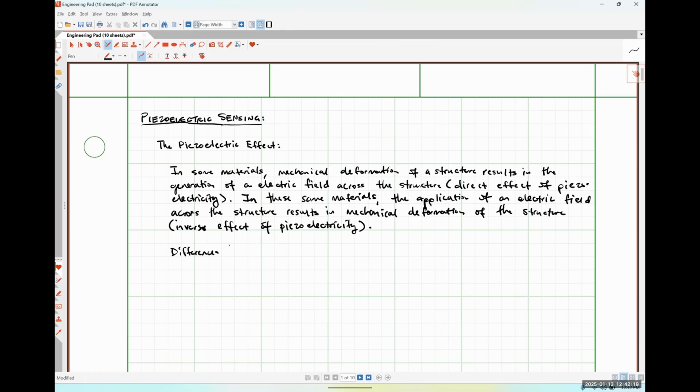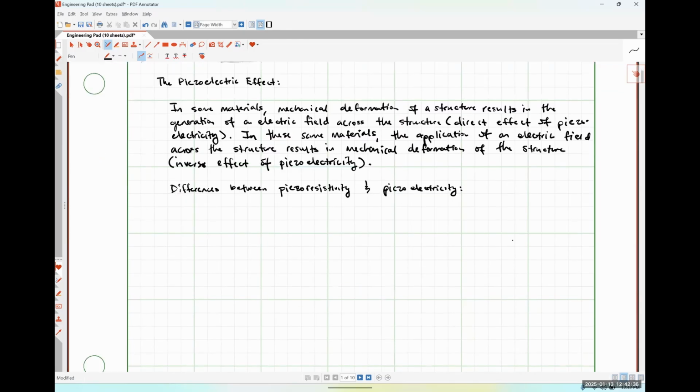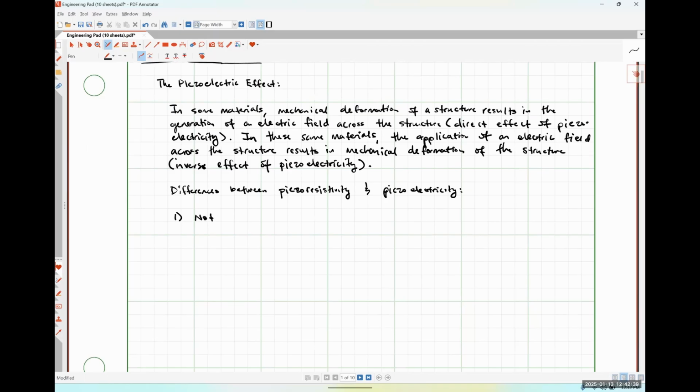So differences between piezoresistivity and piezoelectricity. Number one, not all materials exhibit piezoelectric properties.